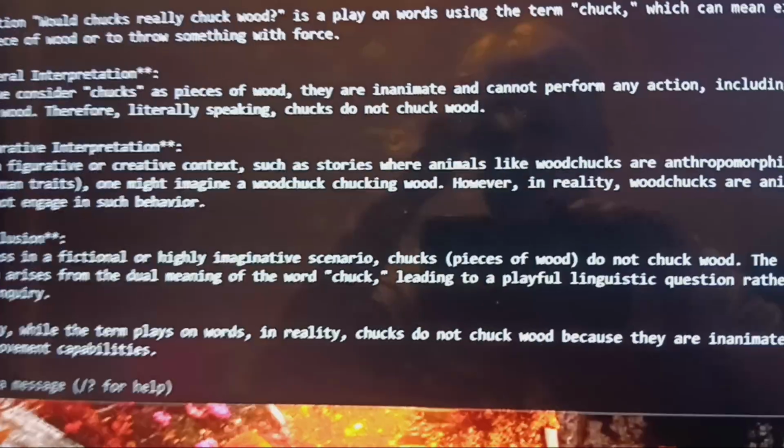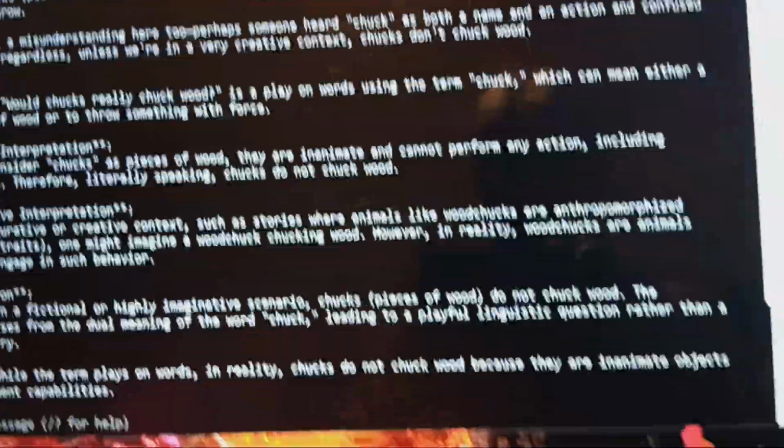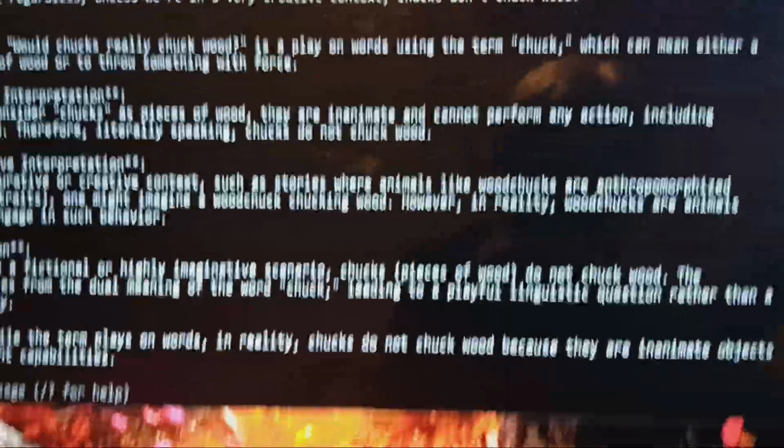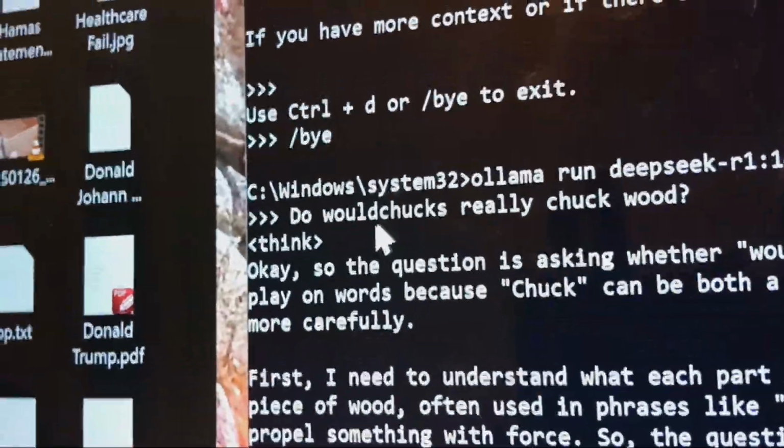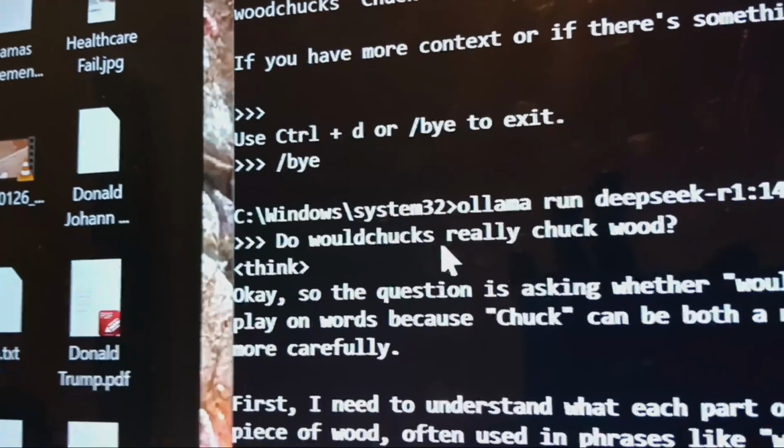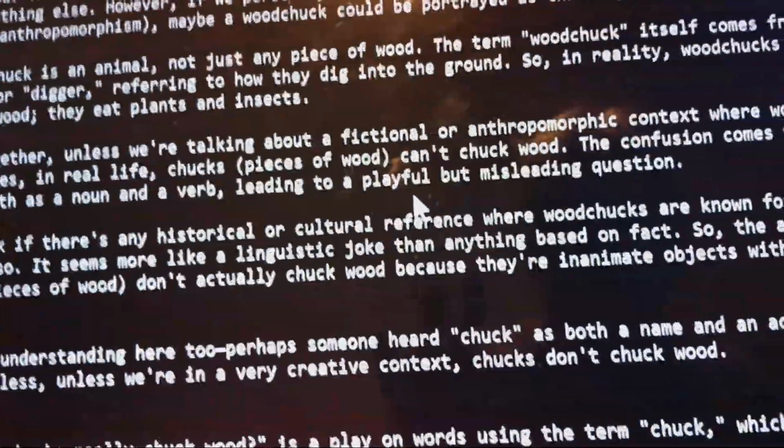But yeah, so it got all the information and it gave me everything I needed to know about woodchucks. And it even did that from that misspelled question of "wouldchucks." It figured it out.